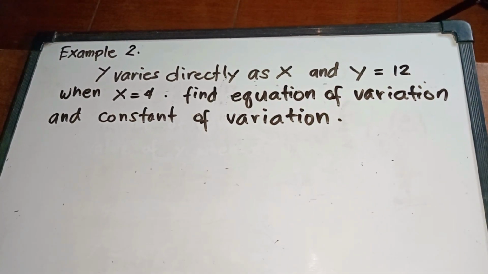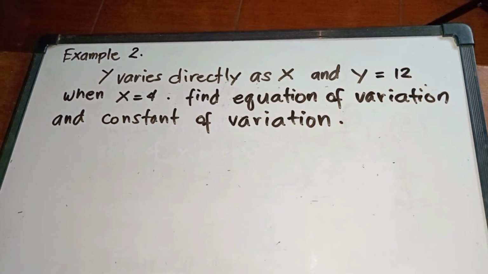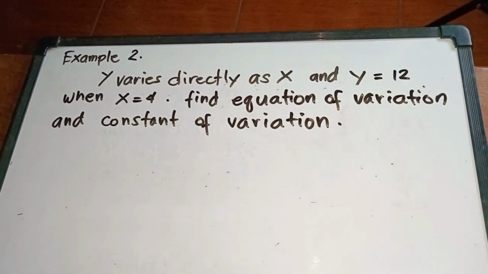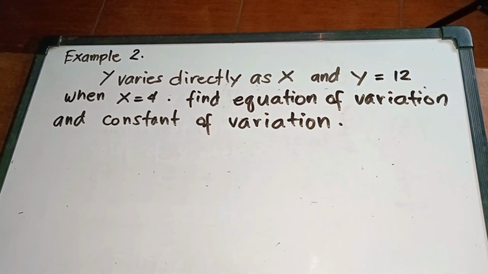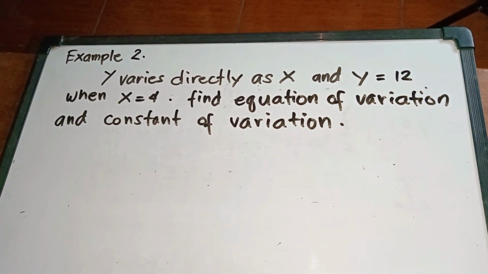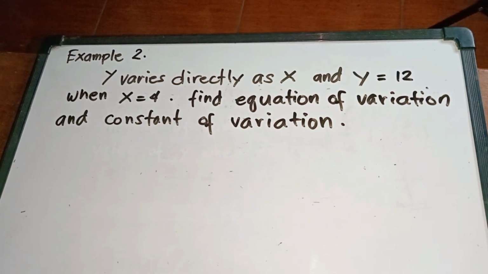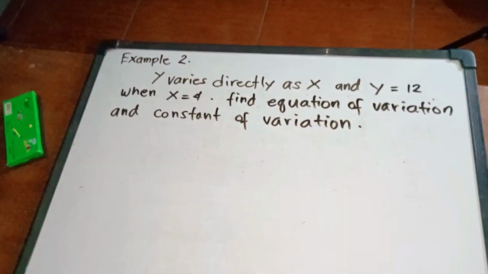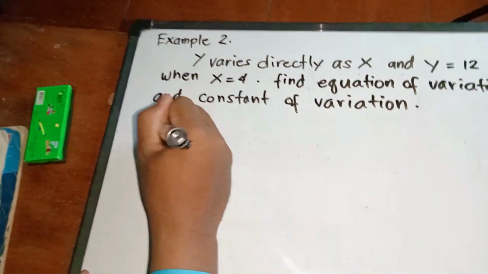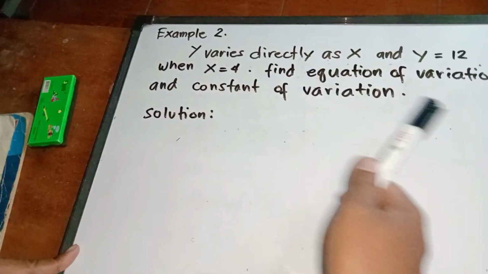Example number 2. So, y varies directly as x, and y equals 12 when x equals 4. Find the equation of variation and constant of variation. Okay, solution.